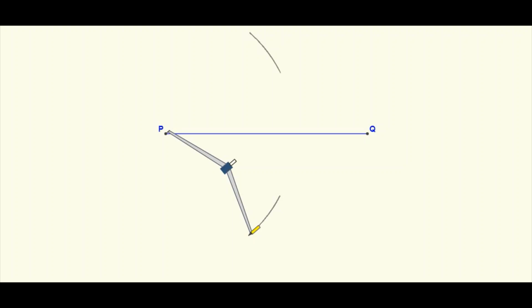Now I am going to move my compass point to point Q without changing the radius of the compass, and then scribe an arc to intersect those two arcs that I just constructed.